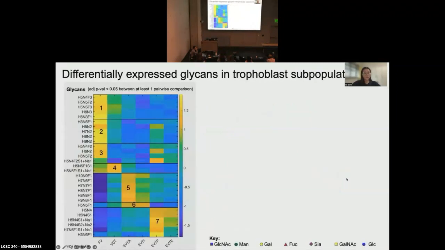Next, we performed differential expression analysis to identify glycans that are enriched in each trophoblast subtype, and differential expression was identified by significant p-value between at least one pairwise comparison.